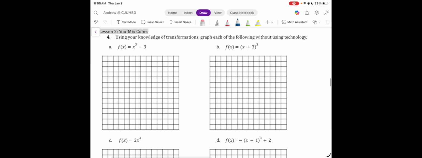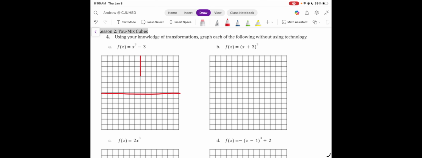Let's go to the next one, number 4. Using your knowledge of transformations, graph without technology. Okay, so here's my x-axis, my y-axis. Let's do a couple of these at a time. Okay, x cubed minus 3. So normally we'd have 0, 0, our reference point.